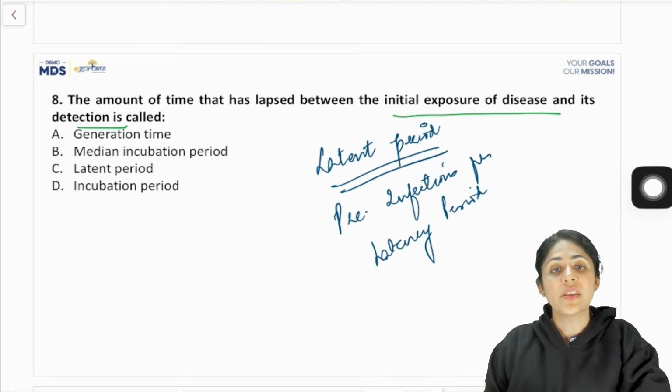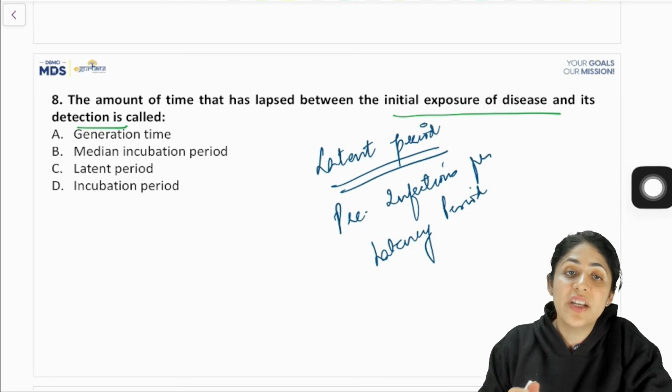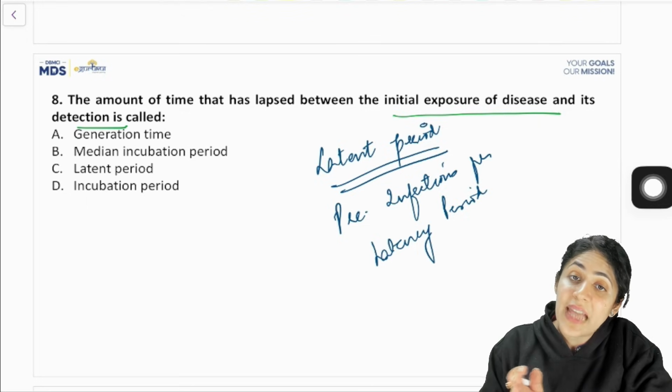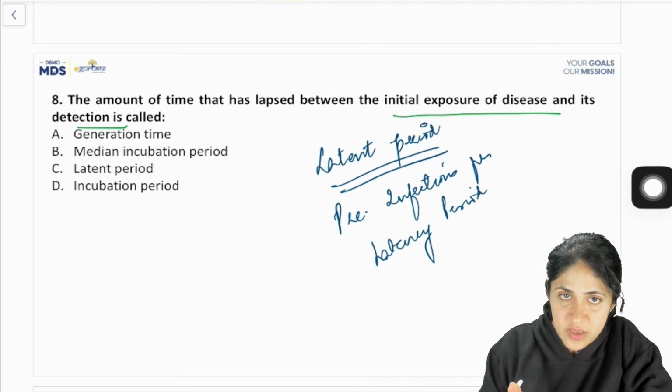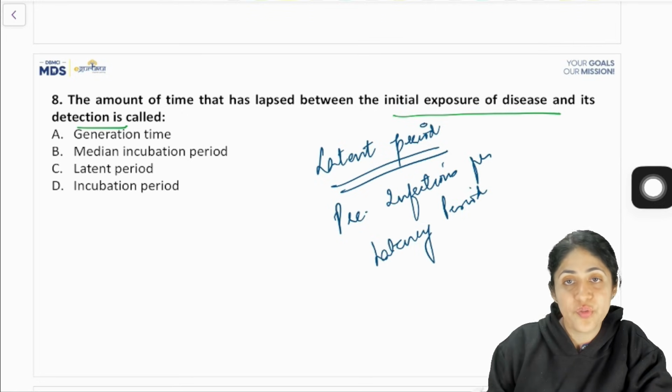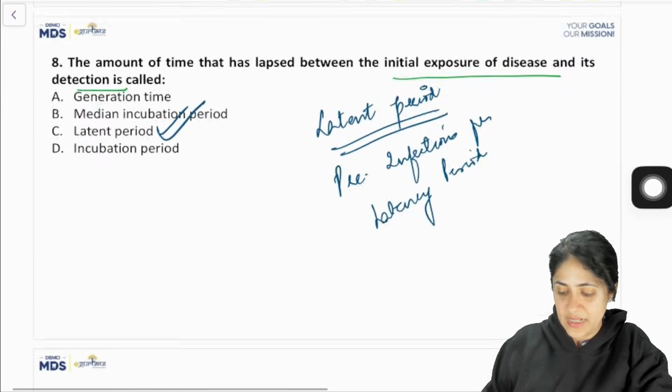It is the time interval between when an individual or host is infected by a pathogen and when that individual becomes infectious, that is, capable of transmitting the pathogens to other susceptible individuals. So this would be the latent period.